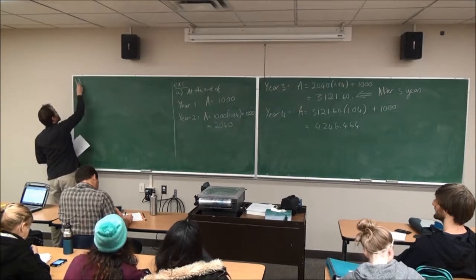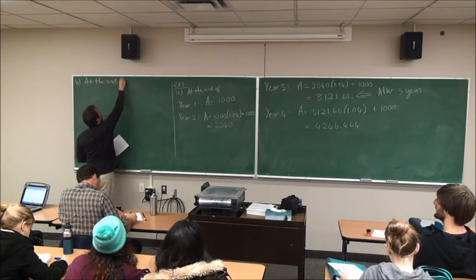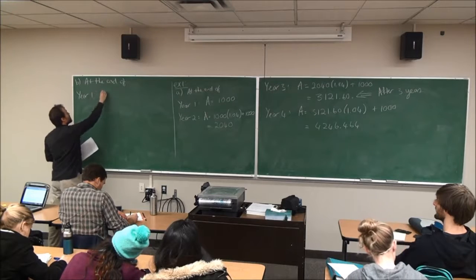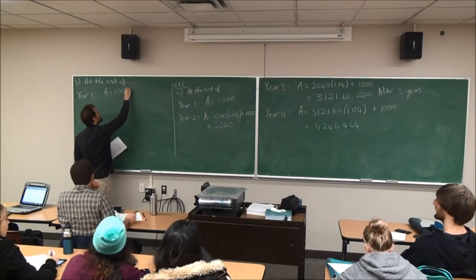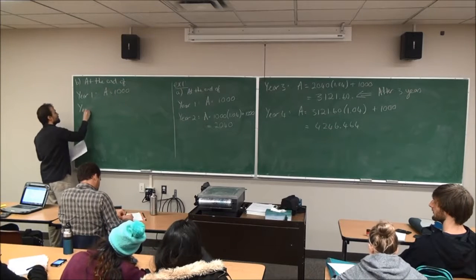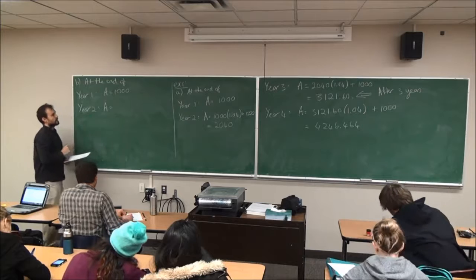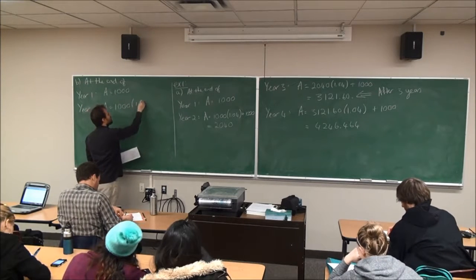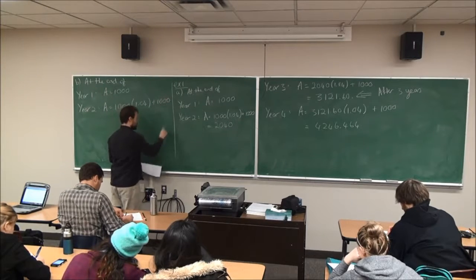So this is B. At the end of year 1, well, A was simple, it was just 1,000. Nothing much to do there. At the end of year 2, how did I calculate my new amount? I took the previous amount and increased it by 4% and then added another 1,000.